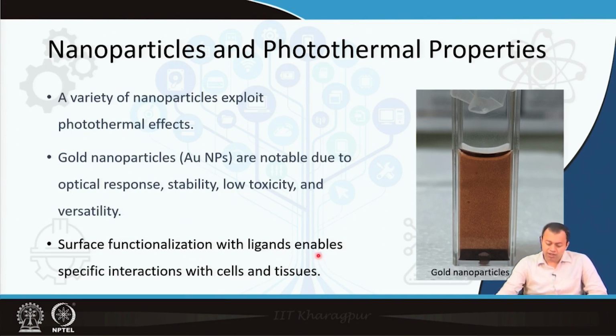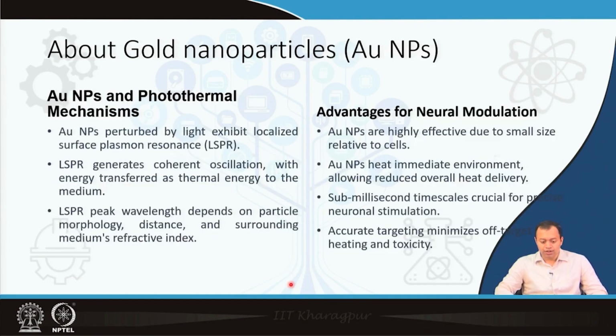Surface functionalization with ligands. Cofactors are a type of ligands. There is some sort of a similarity, but ligands are basically something that binds with it, can be anything, it can be proteins as well. So, ligands are those materials that bind and enable specific interactions with cells and tissues.